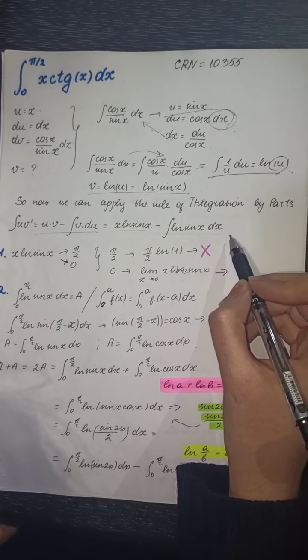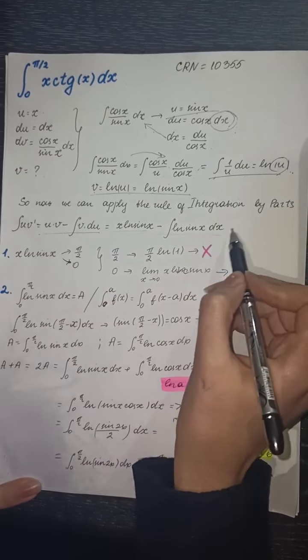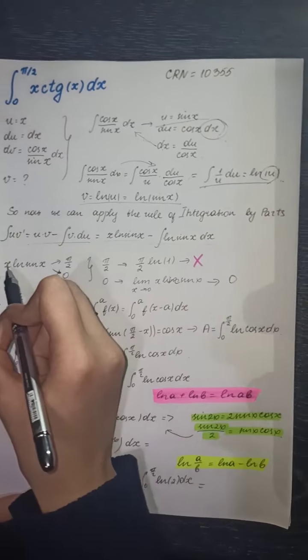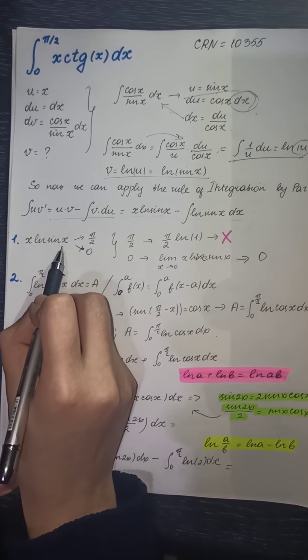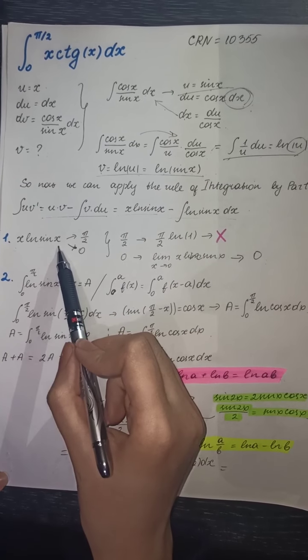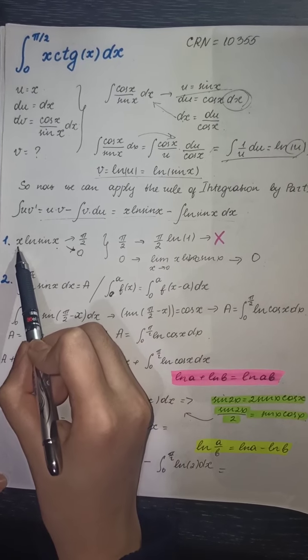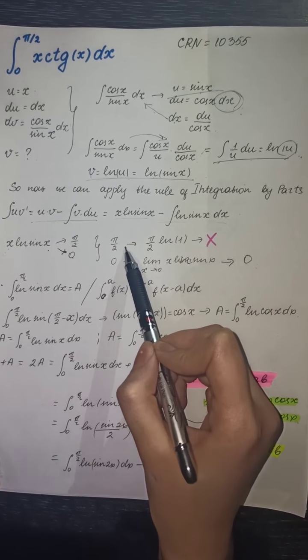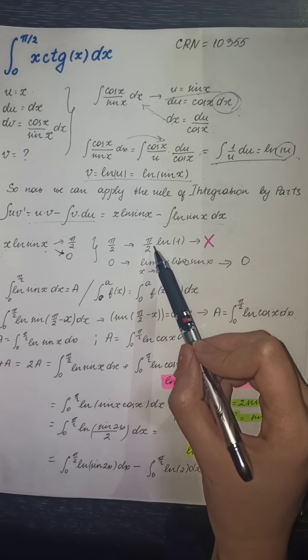And I prefer to find it in separate parts. Firstly this part, secondly this part. Let's find the first part: x ln sine x, natural log of sine x. For finding it, we need to put pi over 2 and 0 into x. When we use pi over 2, it equals ln 1 multiplied by pi over 2.